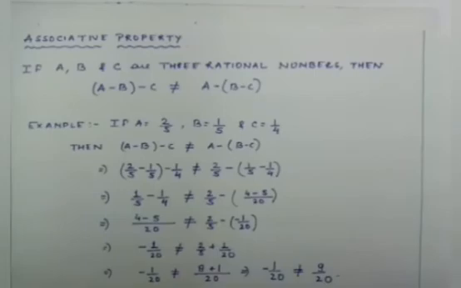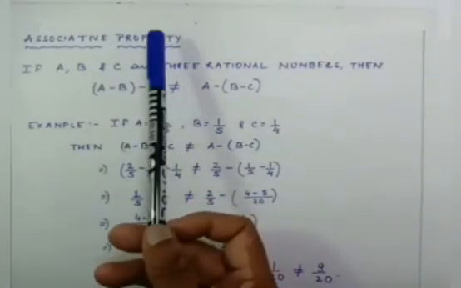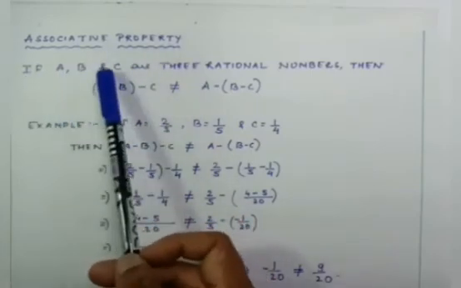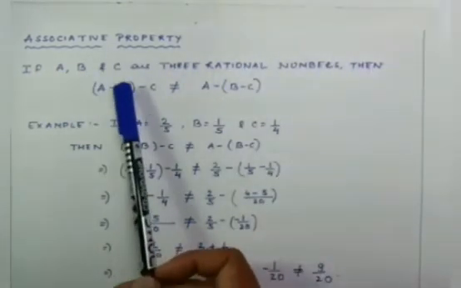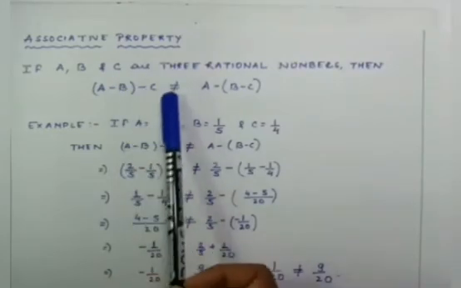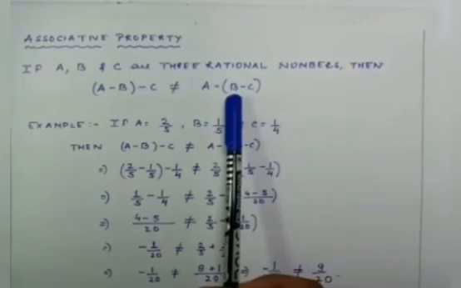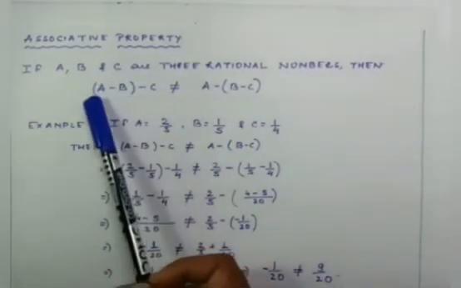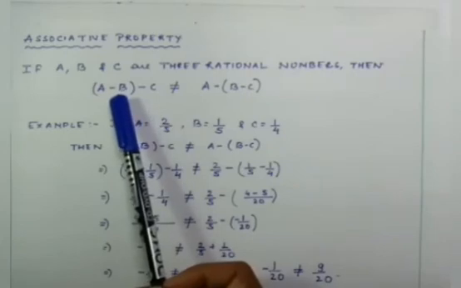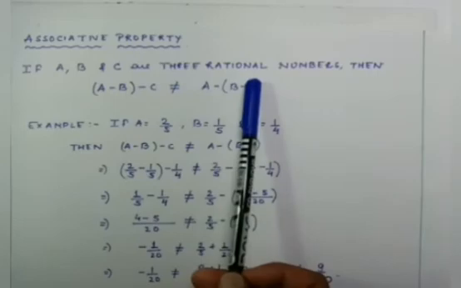Let us start with another property, that is associative property. What it says: if a, b and c are three rational numbers, then (a minus b) minus c is not equal to a minus (b minus c). It means that in whatever manner we group the rational numbers, LHS will never be equal to RHS.